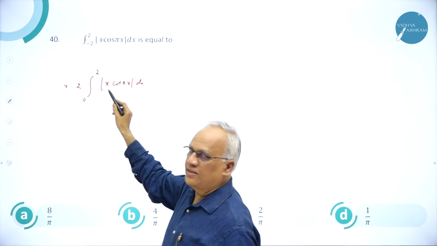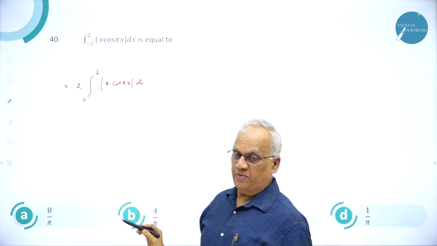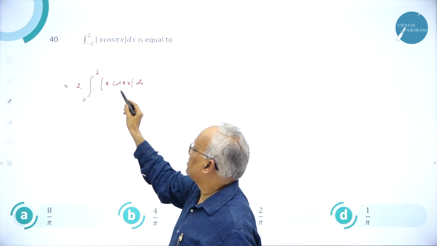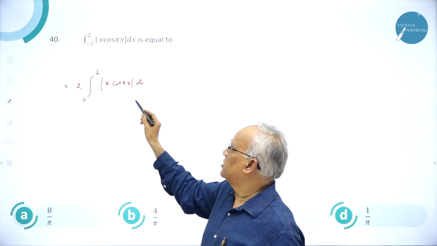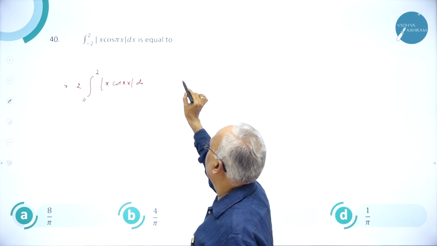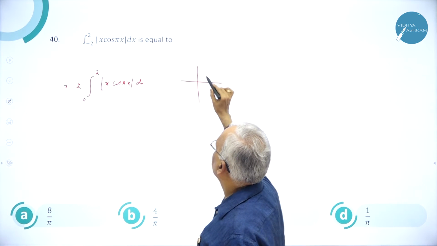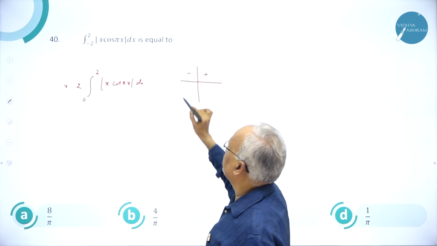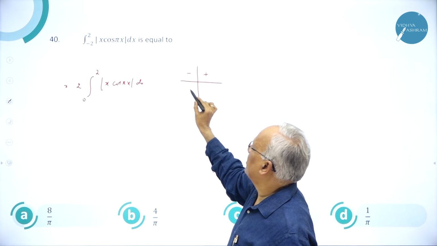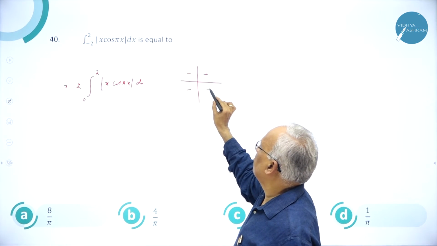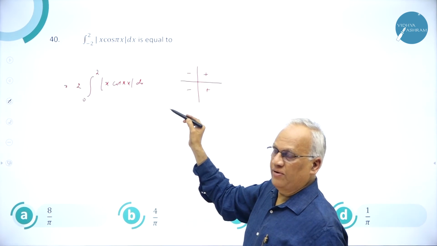Now, the splitting of the limits is very, very crucial here. For 0 to 2, luckily x is positive throughout. So the sign depends on whether cos is positive or negative. You know that cos is positive in the first quadrant, negative in the second quadrant, negative in the third quadrant also, and positive in the fourth quadrant. So be careful here.